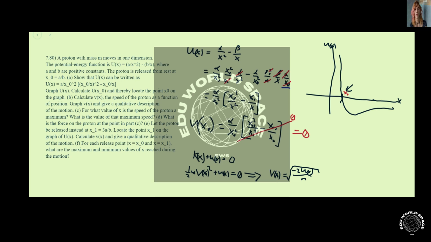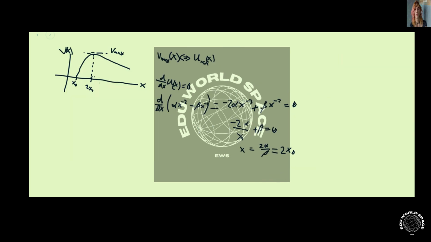What's the value of maximum speed? Did we determine that? No, we just determined the position where x is. We need to determine what the actual maximum speed is. So we can go back to our equation for velocity. So the v at 2x naught was equal to the square root of -2 over m u of 2x naught. Now we can substitute in what u of x is, and I don't want to write it all down again.